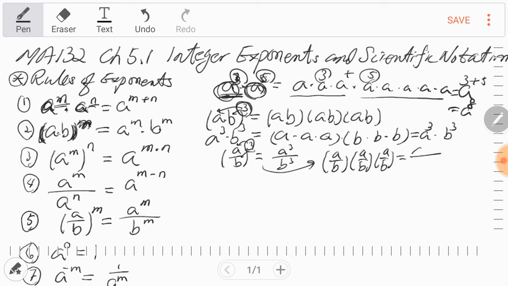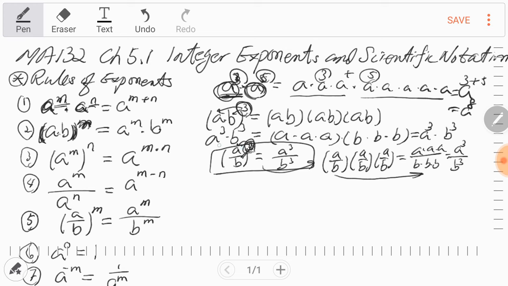Then the numerator is a times a times a, and the denominator is b times b times b. So a cubed over b cubed. So we don't have to multiply all the numerators and denominators. We can skip all these steps and just use the formula. So assign the exponent to each a and b.